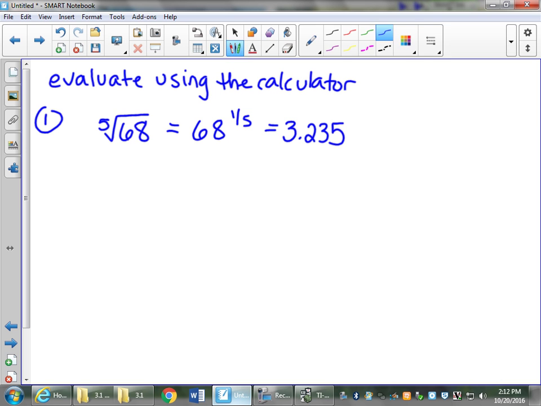3.235. We definitely couldn't do an example like this using the charts, because if you look at the charts, the 5th root of 68 is not on there. Okay, it's not a perfect value. It is a decimal answer. Even if I gave you something like, and we're not going to do this one, but say like 16 to the 2/5.